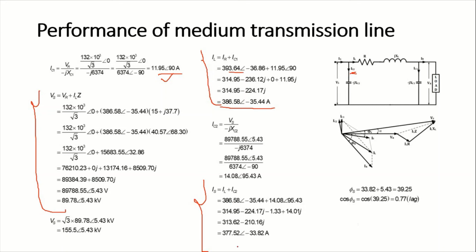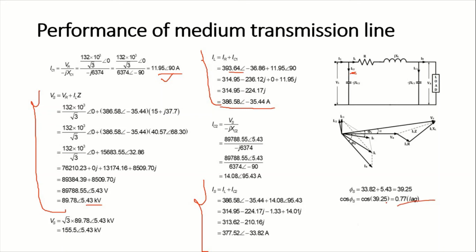The final value of IS is 377.52 angle minus 33.82. Now find phi S. Phi S is equal to phi L plus this angle 5.43, so it is equal to 39.25, and cos phi S is equal to 0.77 lag.